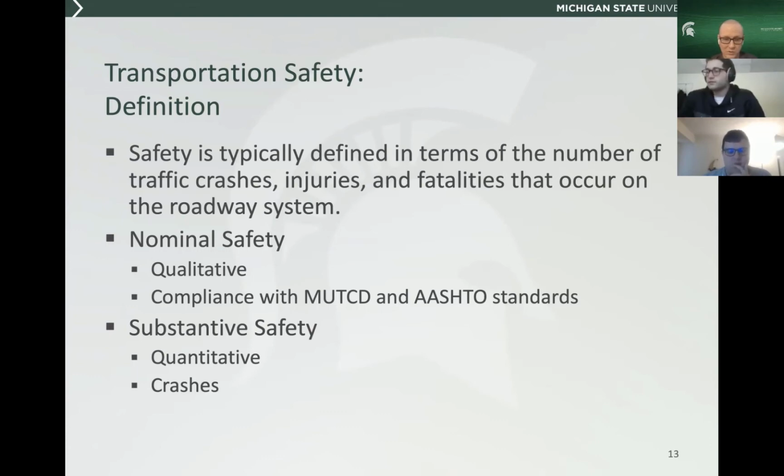So that's no longer a minimum requirement that would require a design exception if you can't provide that. In contrast, if you're looking at sight distance along horizontal curves or on crest vertical curves, there have been quantitative research findings that have shown that safety can be compromised if you don't meet those minimums. And so if you're designing a roadway and you can't provide sufficient stopping sight distance at the design speed, you need to seek a design exception for that.